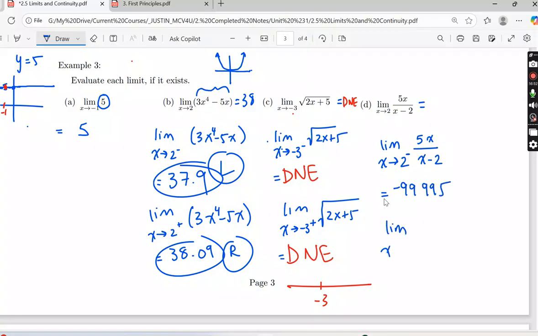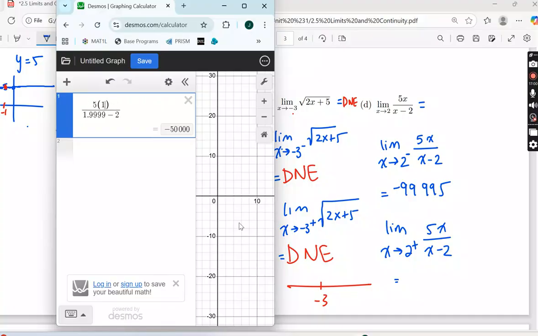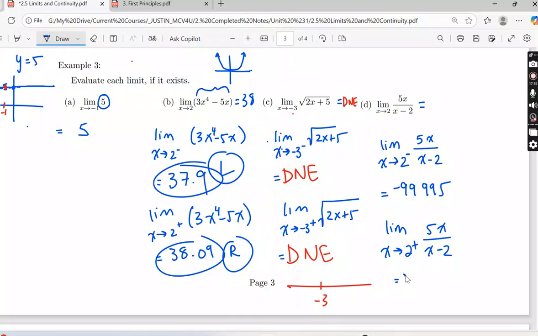Now limit as x approaches 2 from the right of f(x) gives me 100,005. So this looks like it's becoming very big, infinity, and the other looks like it's becoming very small. Yeah, they're obviously not the same, so the limit here does not exist.